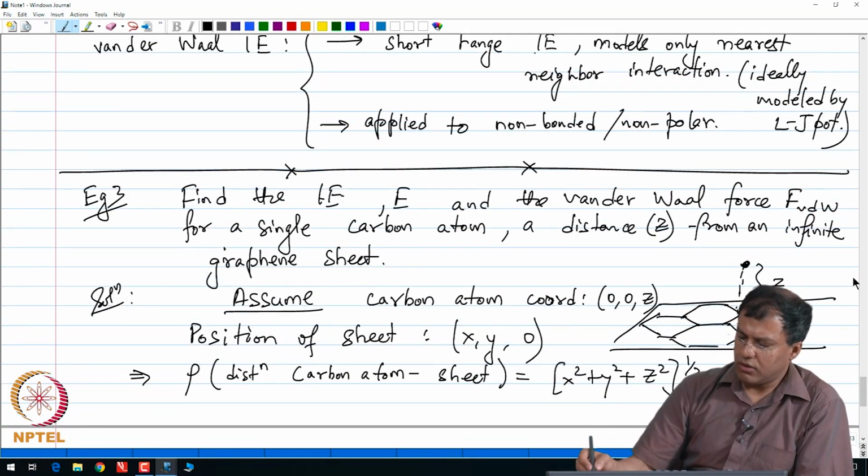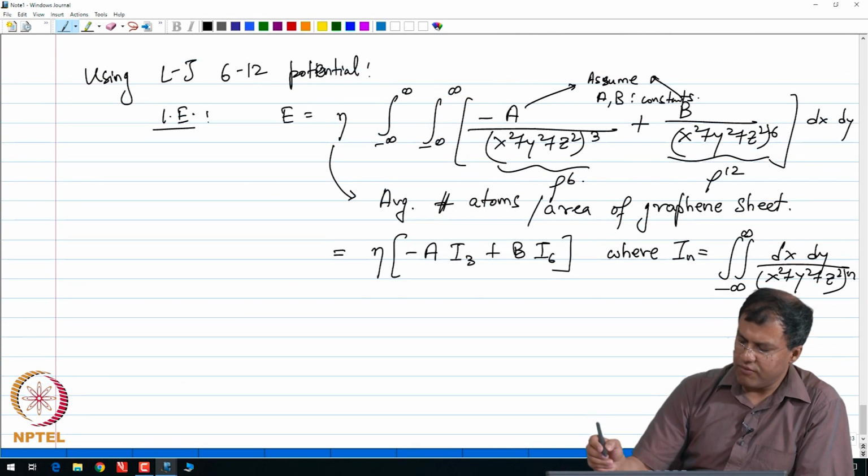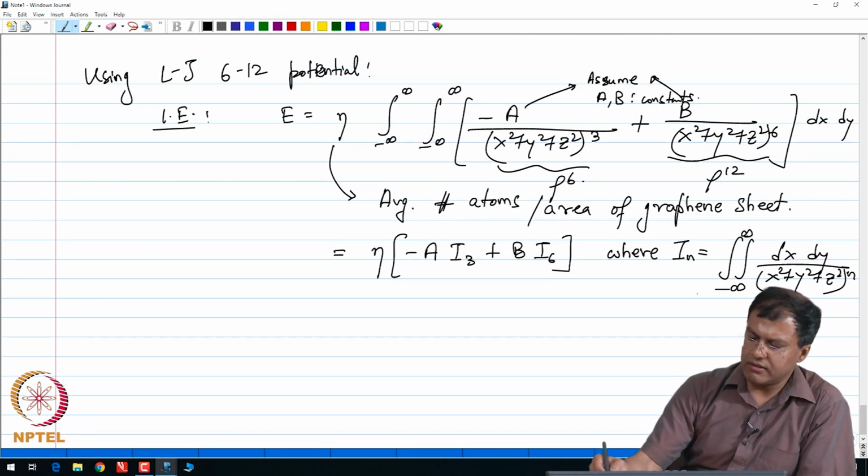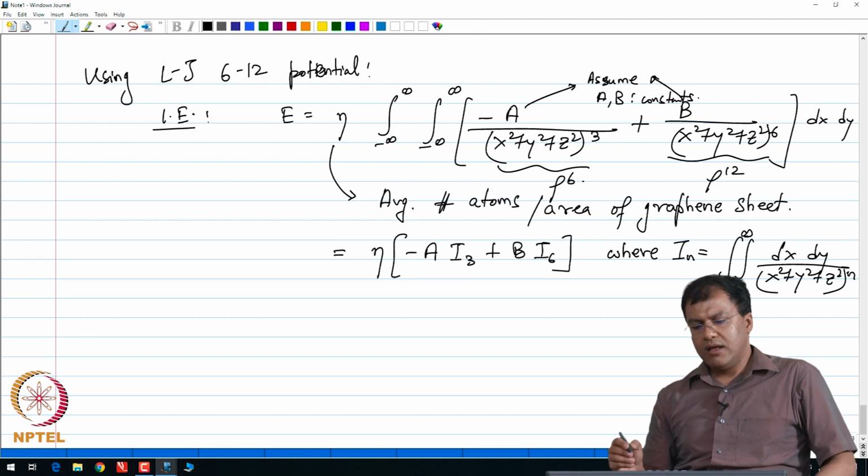So, all I do is evaluate this I n for a general n, and plug in n equal to 3 and 6.